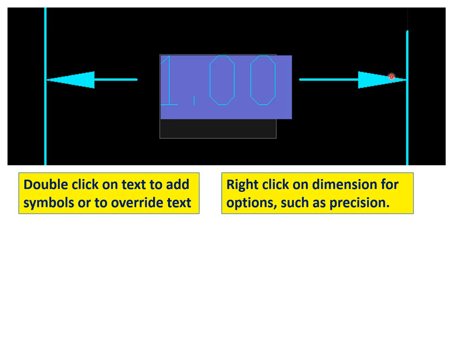Once again, you can always click on the dimension once. The grips will light up, allowing you to make changes like flipping an arrowhead, or moving the text outside the extension lines. So again, double clicking or right clicking will give you options to make changes to the dimension. You're basically overwriting it. End of lecture.